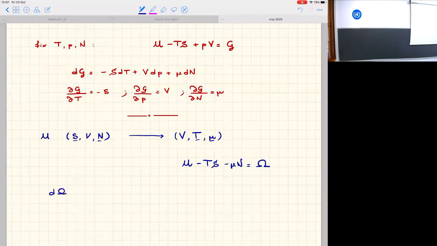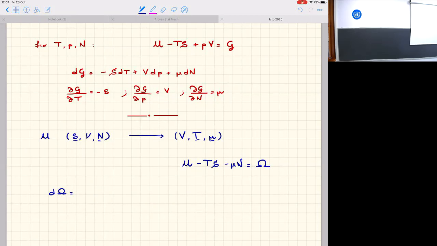In this case, the variables that are fixed are the volume, the temperature, and the chemical potential. So these are the variables with which I want to describe my system, right?